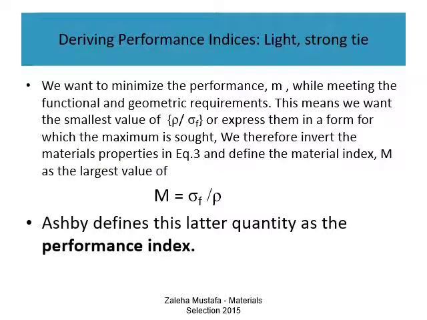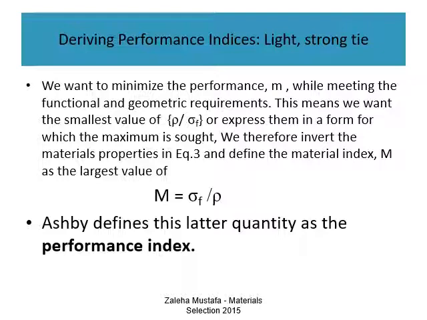We want to minimize the performance M while meeting the functional and geometric requirements. This means we want the smallest value of rho divided by fracture strength, or express it in a form in which the maximum is sought. We therefore invert the material properties, as in equation 3.